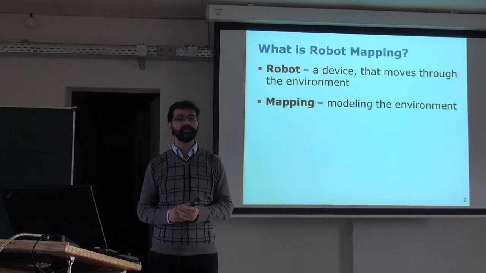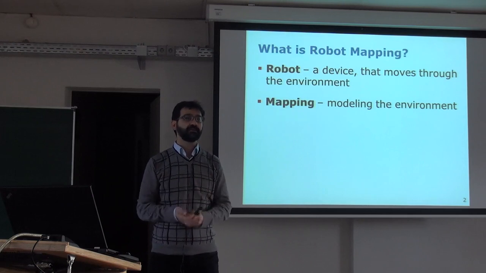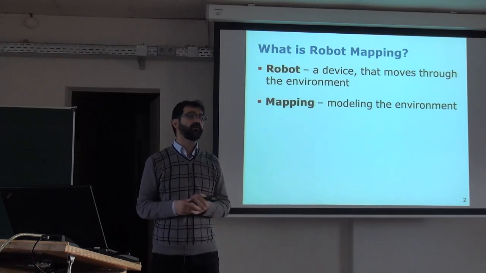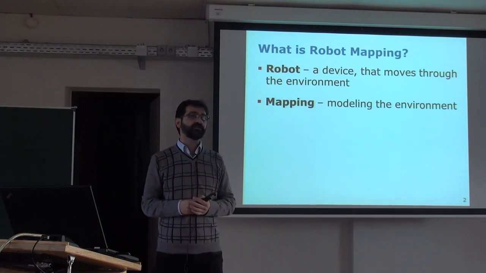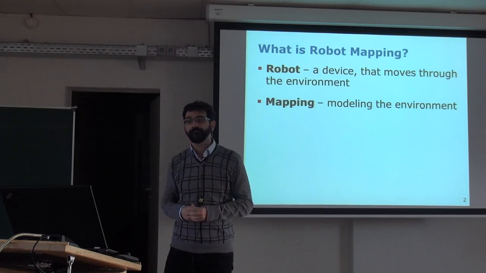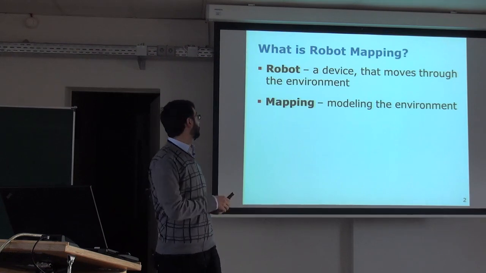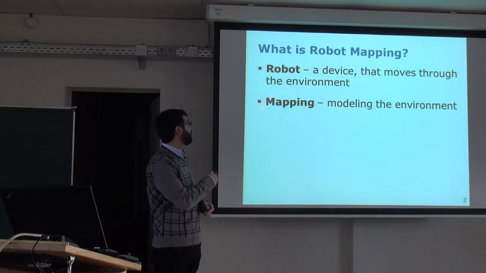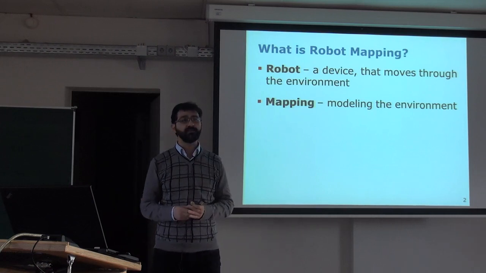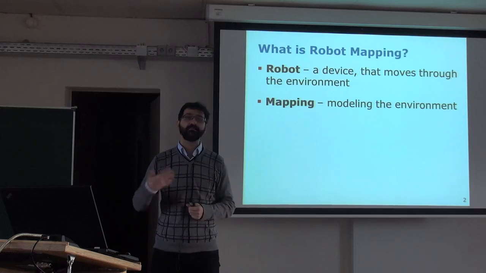In principle, it's defined as something that can sense things from the environment, can reason about that, and can act accordingly. And a mobile robot is a special robot whose only action is to move around, basically. And mapping, we use the English word somewhat improperly, but it actually means modeling the environment. So in an informal way, it basically means to build a map of the environment.